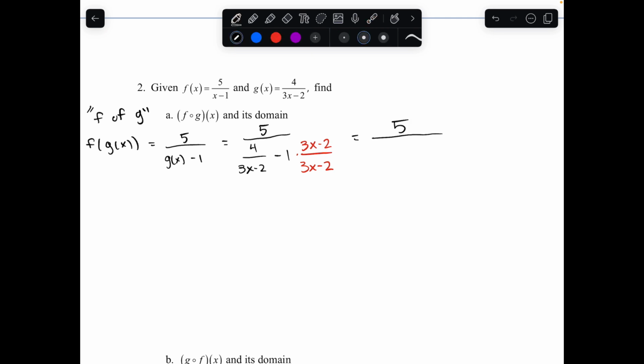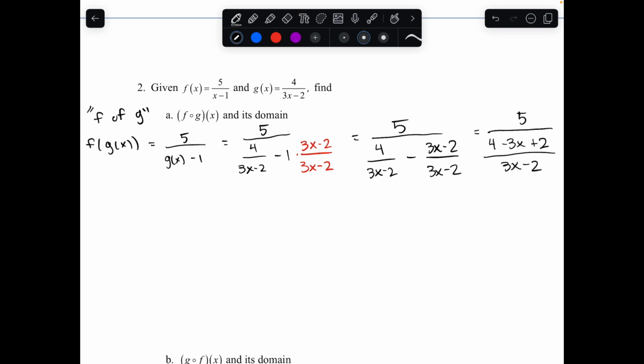So we'll have 5 divided by 4 over 3x minus 2 minus 3x minus 2 divided by 3x minus 2. And we can combine this further because now they have the same denominator. So we're going to have 5 divided by 4 minus 3x plus 2, all divided by 3x minus 2. So we have something divided by a fraction.